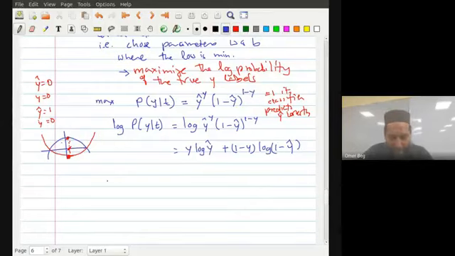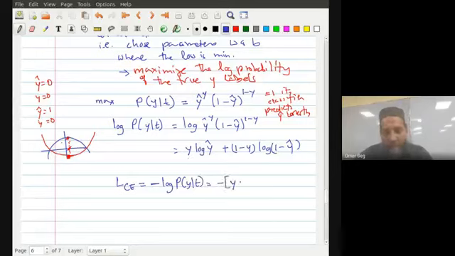So that means the cross entropy loss that we wanted to define is actually the negation of the log probability of y given t. And that would be the negation of this entire function that we had above: y log y hat plus 1 minus y log of 1 minus y hat.